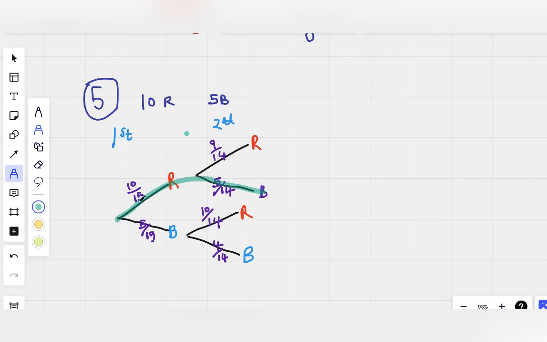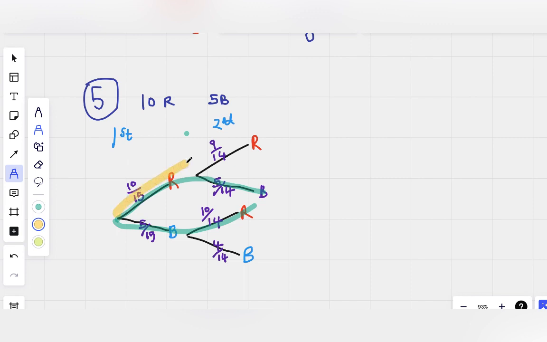you say 10 over 15 times 5 over 14, then plus you do this second branch, another different color, black and red. So there are 2 branches for different color. What's the probability of picking same color?